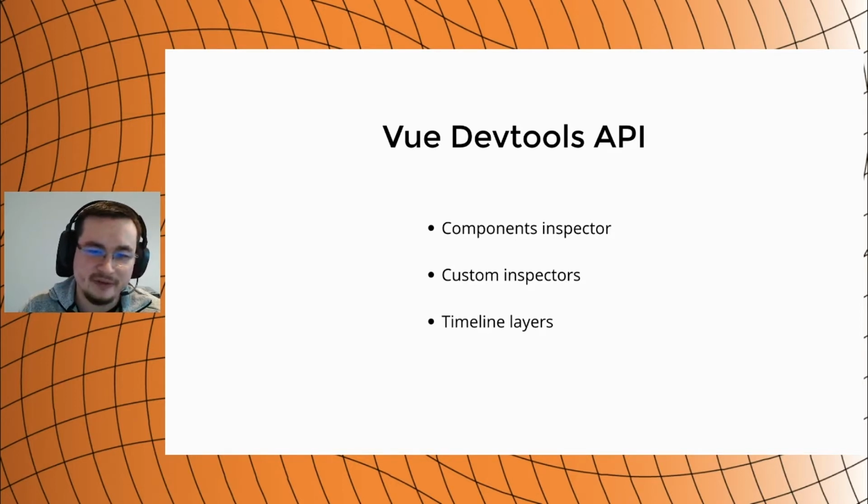The first one is basically adding new information in the components inspector. The second one is creating entirely new custom inspectors. So for example, Vuejs is adding a custom inspector to display every route in your application and more information about each route.